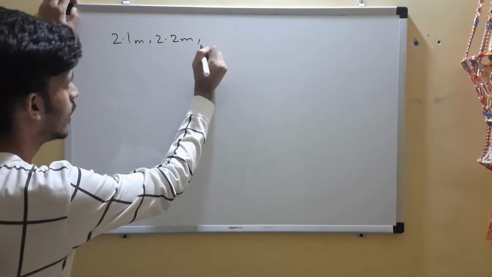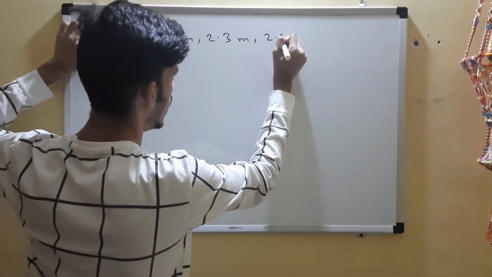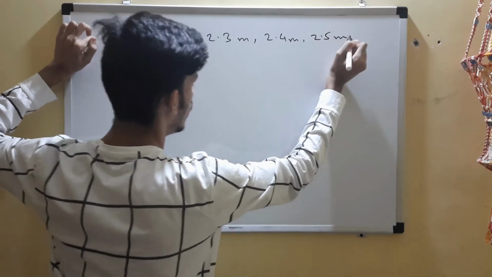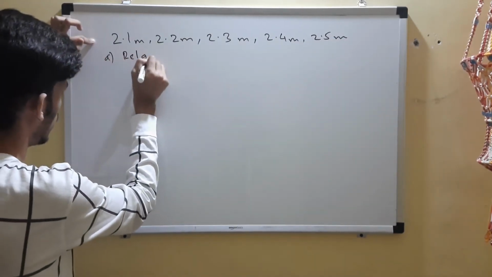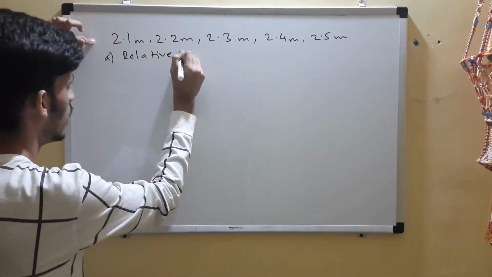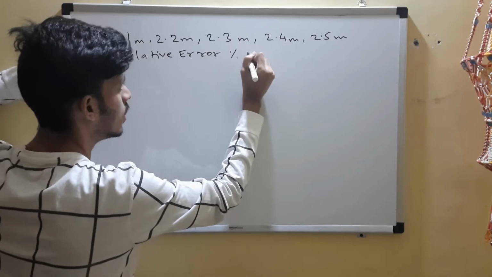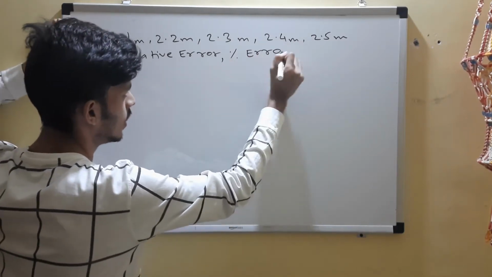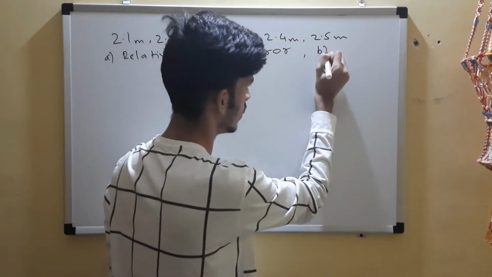These are like your A1, A2s. So they have asked for relative error, also for the percentage error, and finally they have asked you to express the answer.